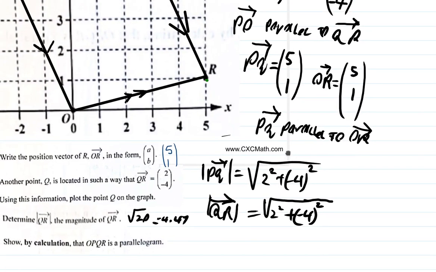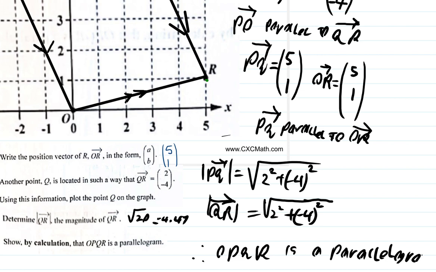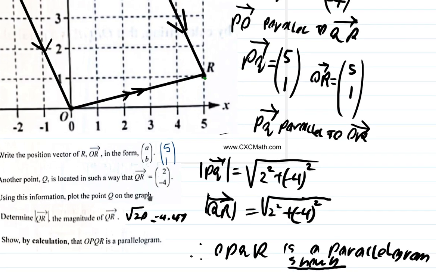So therefore, since PO is parallel to QR, and PQ is parallel to OR, therefore OPQR is a parallelogram, and you have shown that.